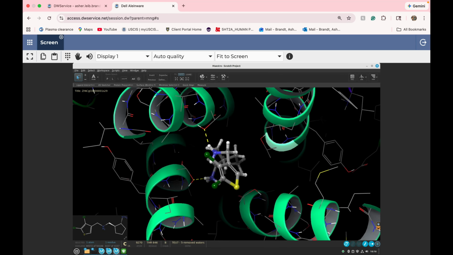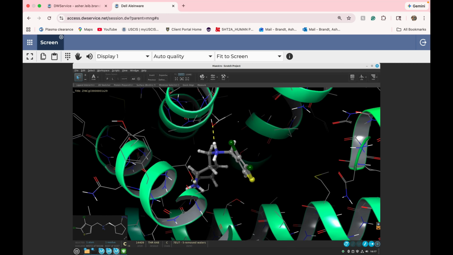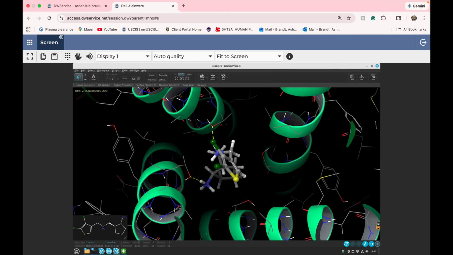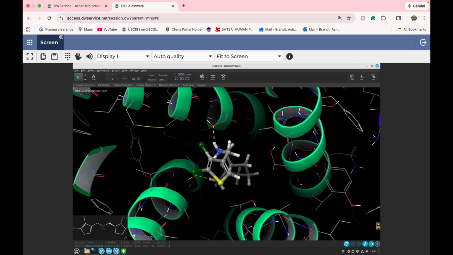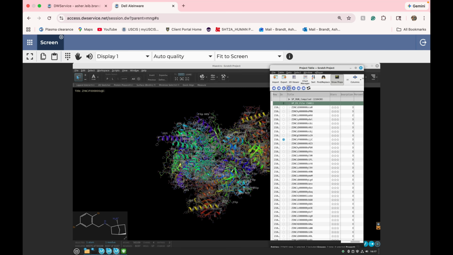But same thing, the hydrogen bonding comes up with these more negative docking score ligands. 648 and 646, both threonine residues. Okay.